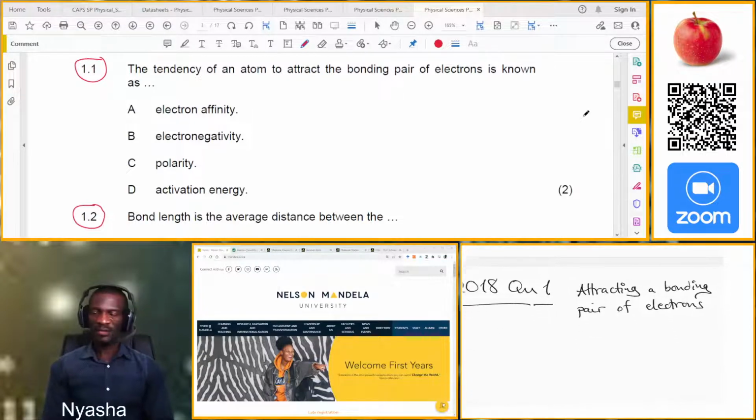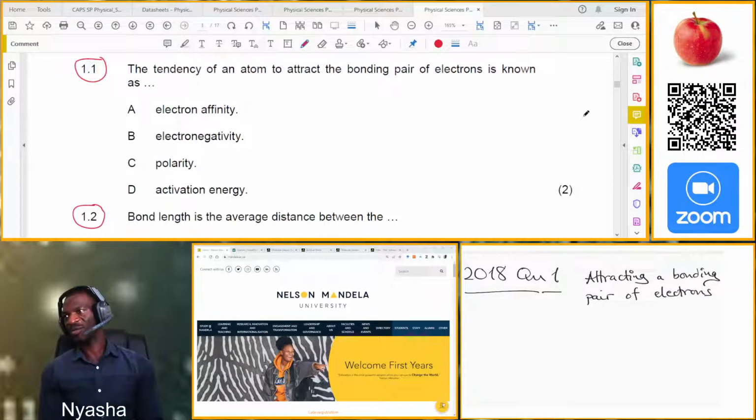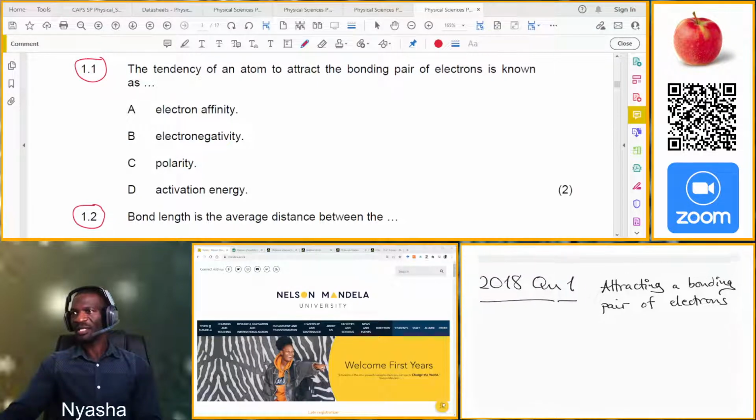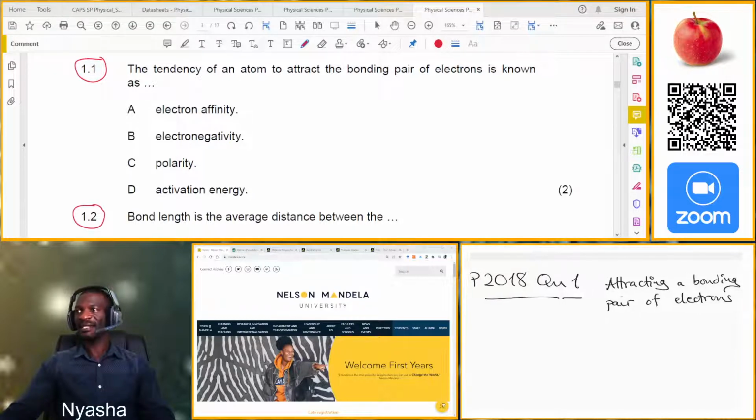So we have electron affinity. What is electron affinity? There are some options there. We need to choose the appropriate or the correct option. What is electron affinity, and what does it have to do with attracting electrons? Remember, this is a tendency, isn't it?